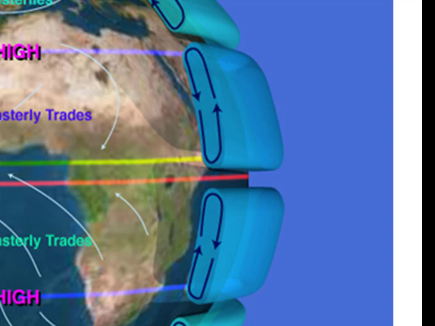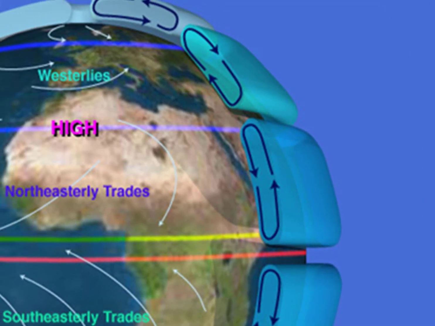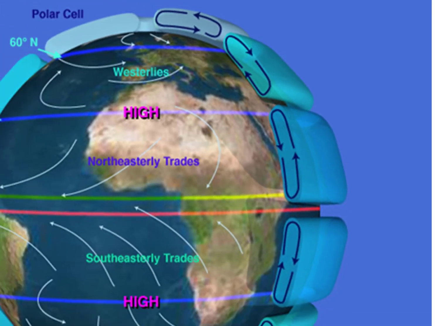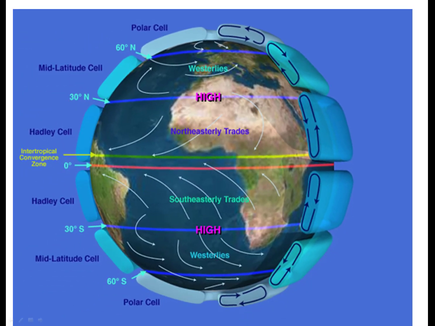That warm, moist air flows and cools as it goes further north away from the sun, and then makes a resulting high pressure right here. This high pressure air falls and it's drawn back towards my low. My next cell, my mid-latitude cells, create the same thing, and the polar cells create the same thing also.